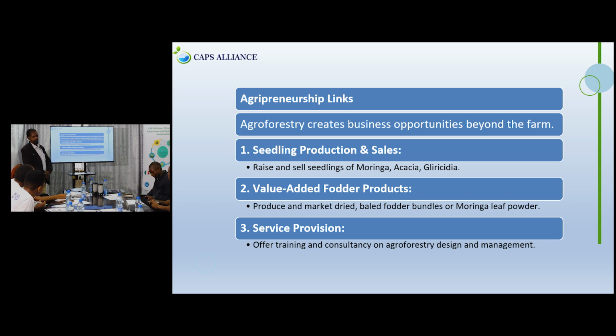Agripreneurship links. What are some of the agripreneurship links? Agripreneurship means agriculture entrepreneurship. You sell your crops, or let's say moringa, you sell your acacia, and so forth. And then what about value addition for the products? What value addition can you do for beans, for example?